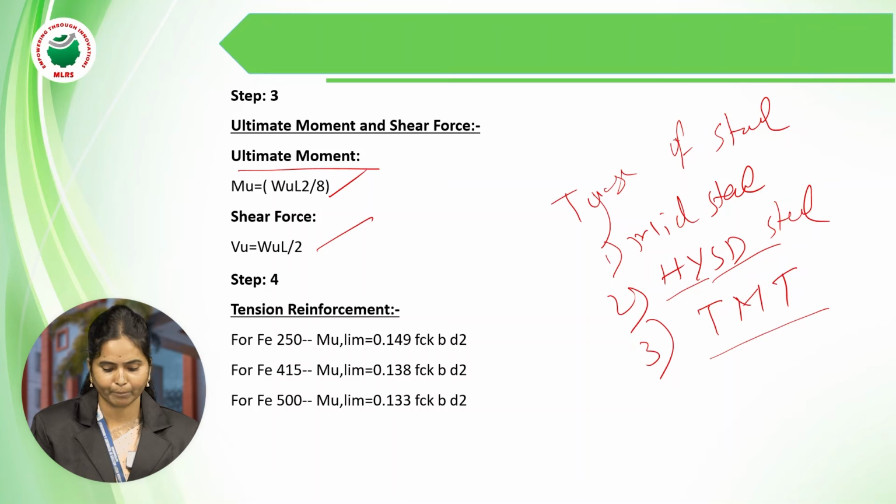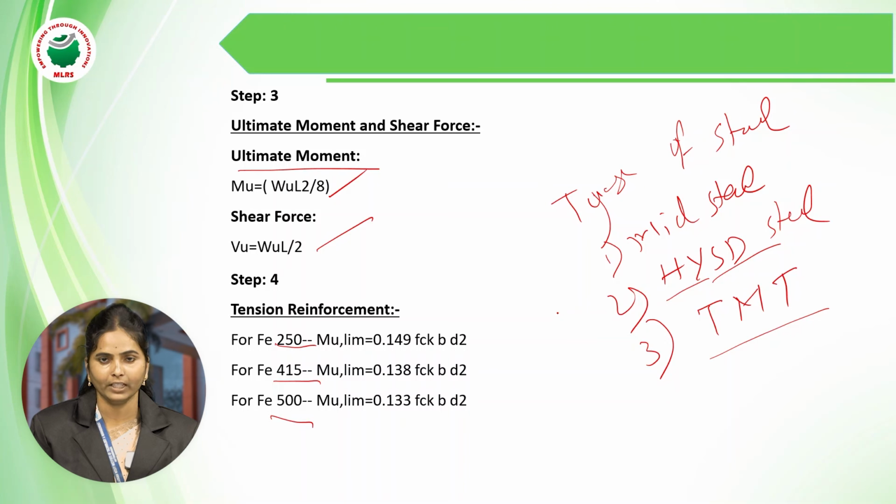So in step number 4, tension reinforcement, there are 3 grades of steel here: Fe 250, Fe 415 and Fe 500. Take the formulas. For Fe 250, Mu limit is equal to 0.149 fck bd square.